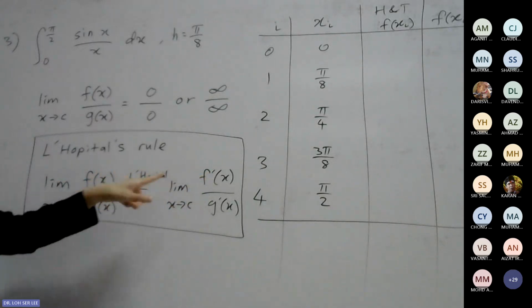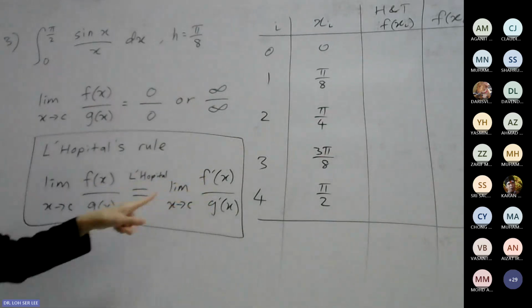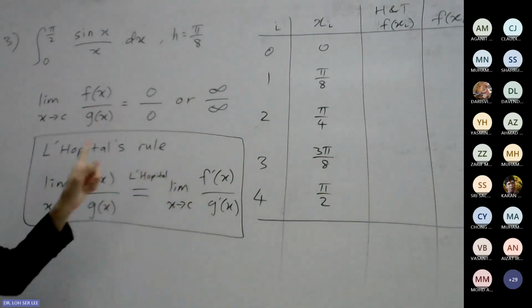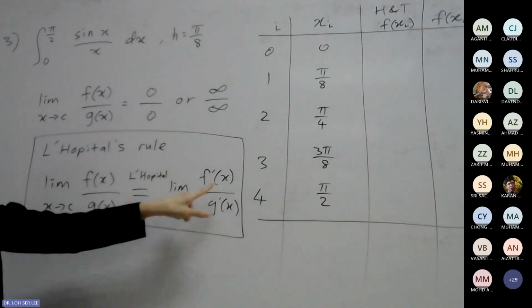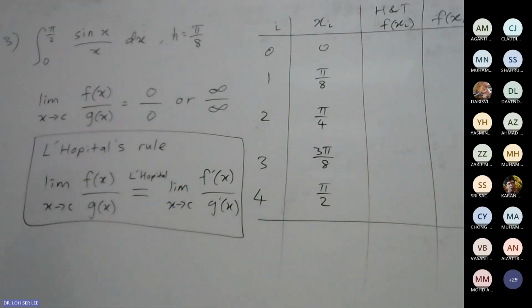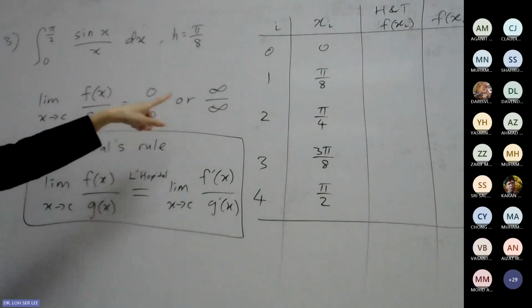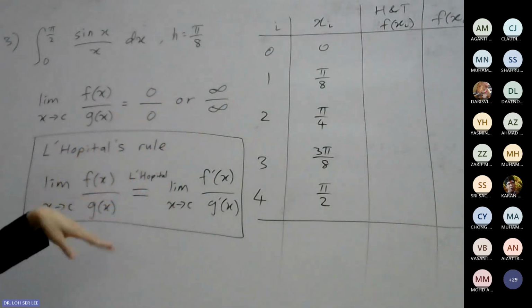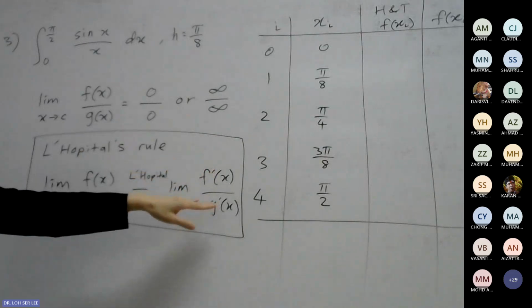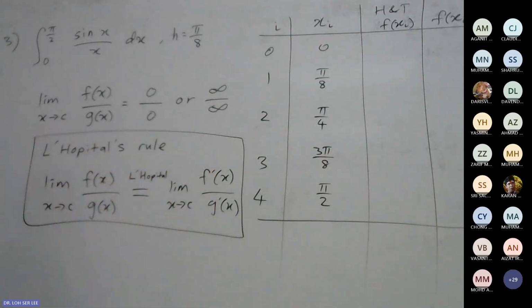Differentiate f, you get f prime. Differentiate g, you get g prime. Then only we substitute the c into the x to check whether you still get 0/0 or infinity over infinity. If yes, apply L'Hospital's rule once again. That means you differentiate. If no, then we will get the result.